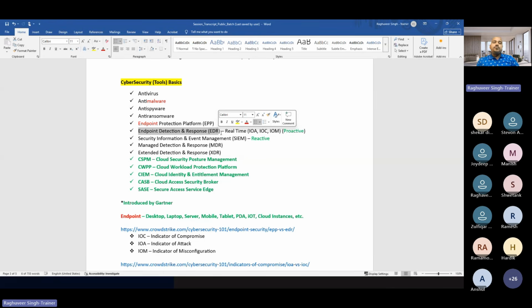If there is any process which is executed on the endpoint, which is initiated by the user, or from command prompt, or from a third party application, or from an existing software or application on the endpoint, it will be quick to analyze it, to scan it for vulnerabilities, for misconfigurations, for indicators of compromise, and it will be quick to respond to it. So that's what EDR does.